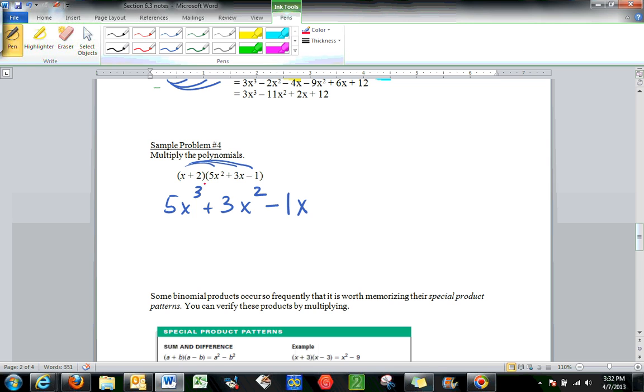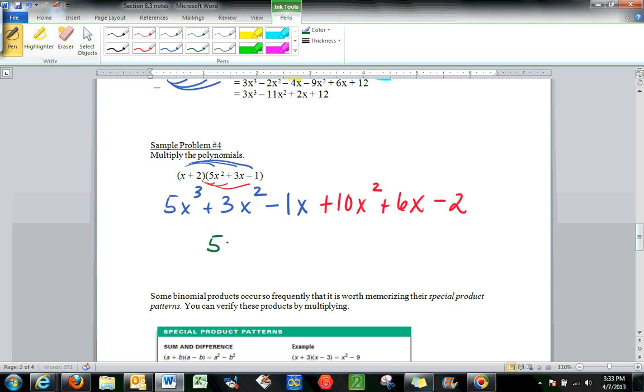The second part of this is taking the 2 and distributing it to everything. So 2 times 5x gives me a positive 10x squared. 2 times 3x gives me a positive 6x. And then 2 times -1 gives me -2. Now that we have distributed both parts, we just need to combine like terms.